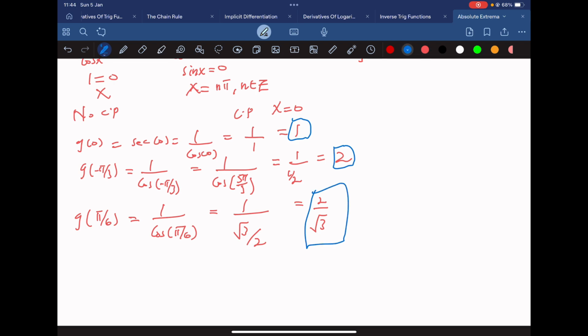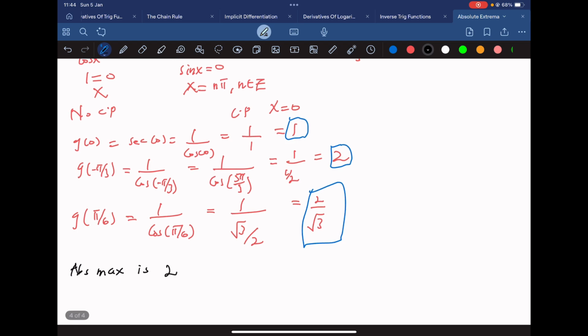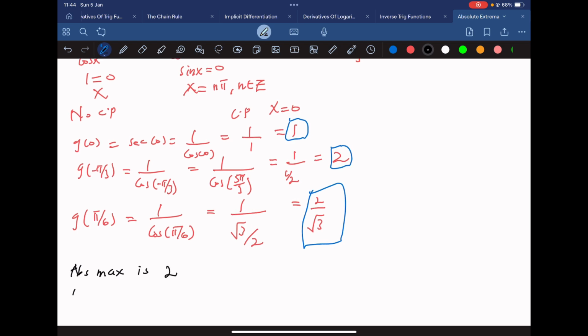So we have these 3 points, and we have to select the absolute max and min. The absolute max is 2, and the absolute min is 1.